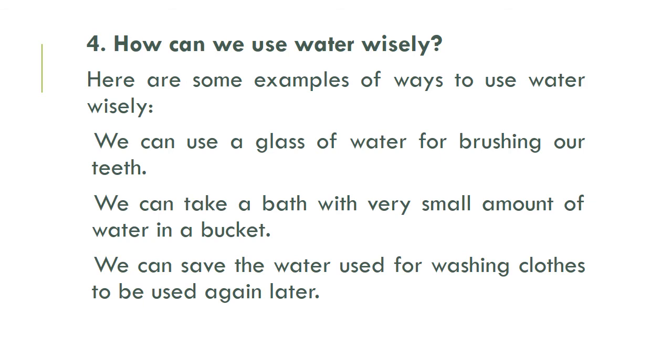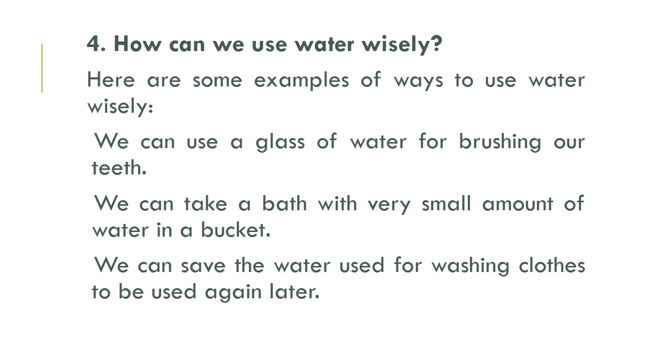We can take a bath with a very small amount of water in a bucket. If water is scarce, you can make do with a small amount of water in a bucket instead of a shower. And you should literally skip using a bathtub for it.